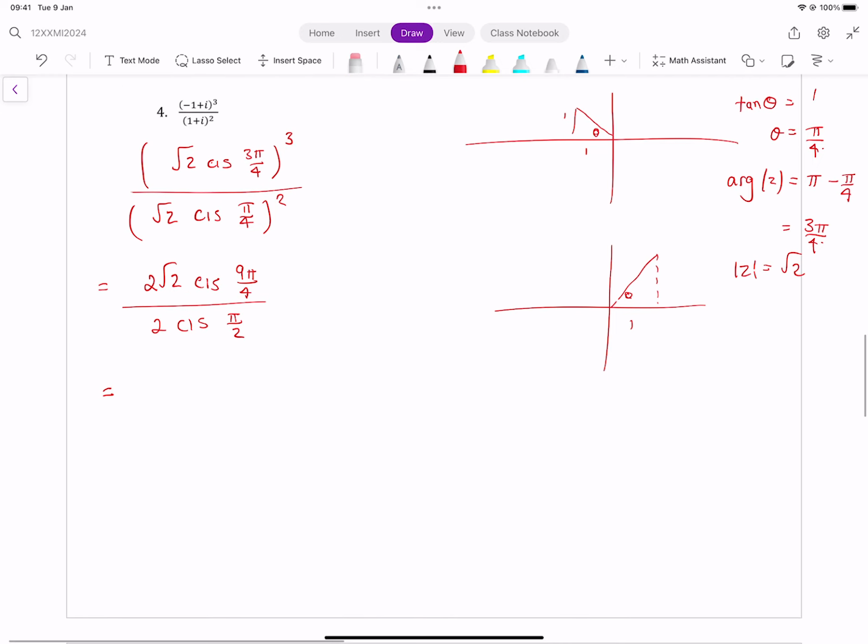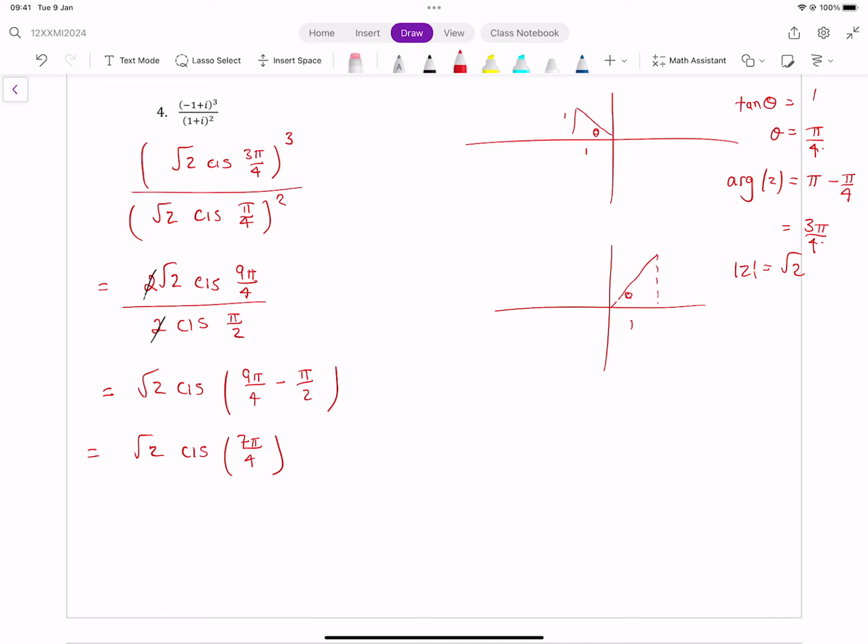Now we can apply our division law of complex numbers in modulus argument form. We cancel by dividing the moduli, and we get root 2 cis of 9 pi on 4 minus pi on 2. 9 on 4 minus 1 on 2, yep, is 7 pi on 4. Root 2 cis of 7 pi on 4.